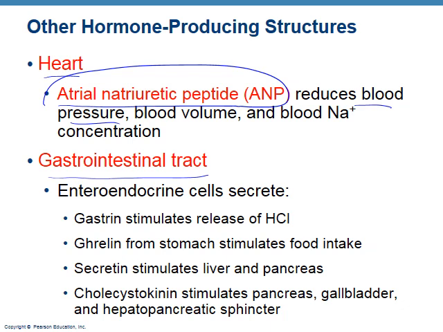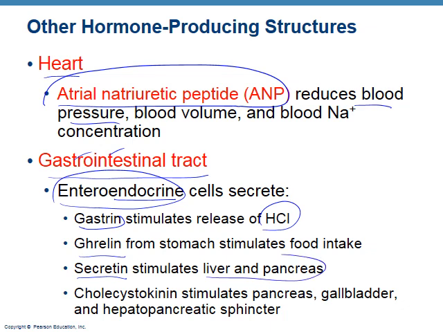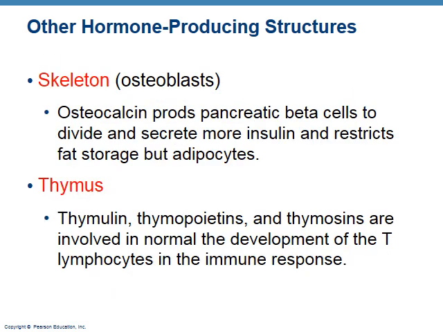And then gastrointestinal tract, you actually have cells that are inside your stomach and your intestines, and they're going to release endocrine-like hormones like gastrin and ghrelin and secretin, and all of these are going to have something to do with regulating hydrochloric acid or stimulating the liver and the pancreas, which are going to help with digestion or stimulate food intake. So there's a lot more hormone producing structures than what we're talking about with the endocrine hormones.